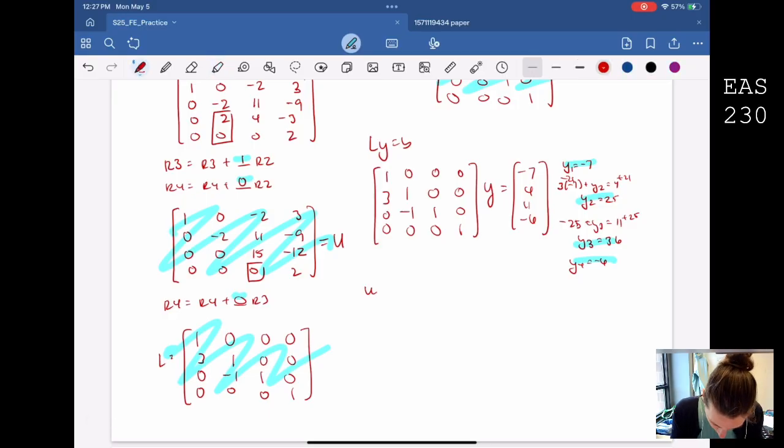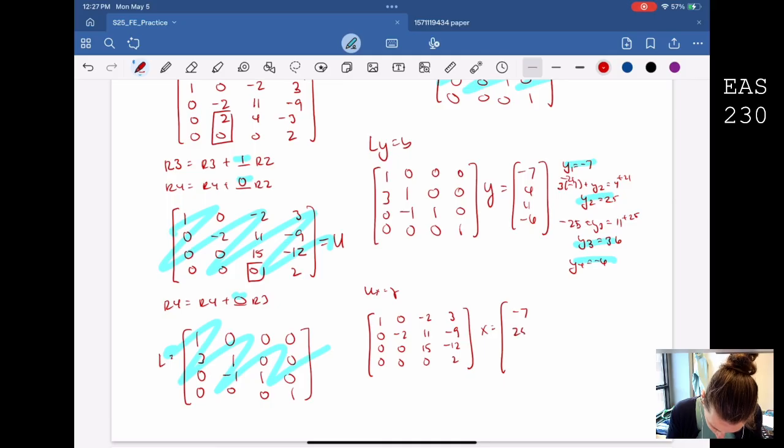So then I have Ux equals y. So U looks like this. X equals my y values, so -7, 25, 36, and -6. And I solve this using back substitution.